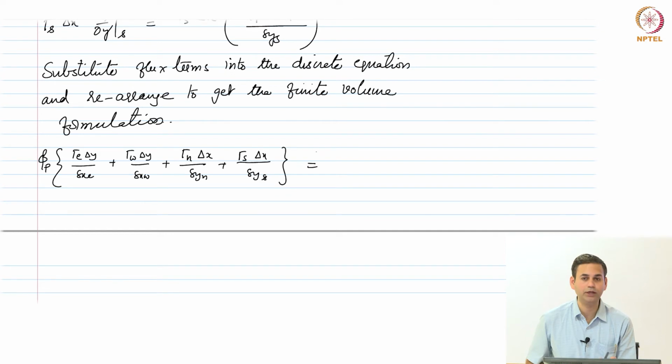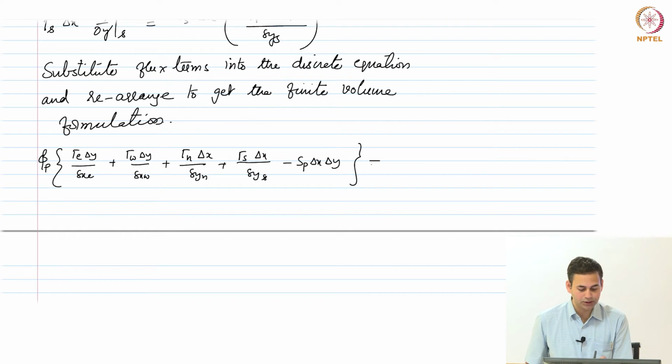Okay, now if you write the remaining east, west, north, south on the other hand, oh, plus source term, okay, minus, okay, very good. So this will be minus SP times delta x delta y, is that correct?